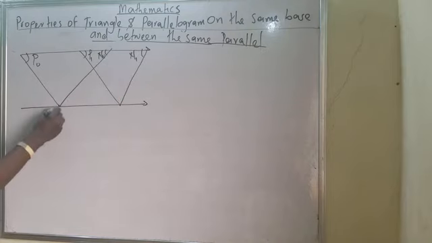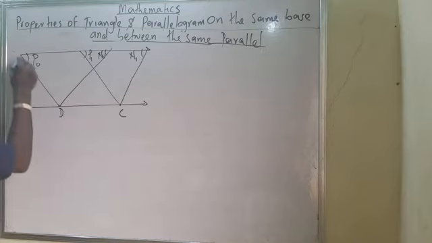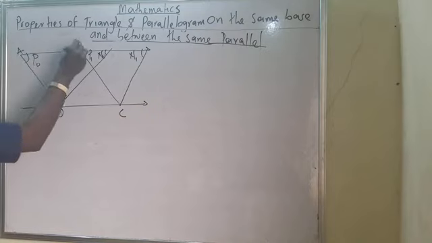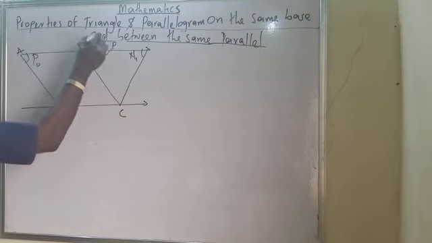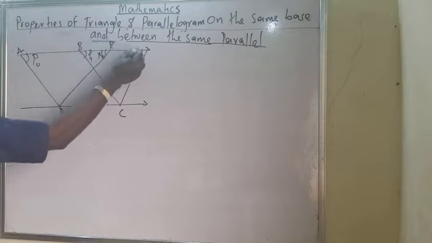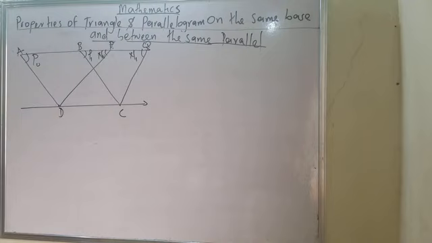I have this as B, C, A, B, a point P, and I have this as Q. Now, let me do some little proving here.